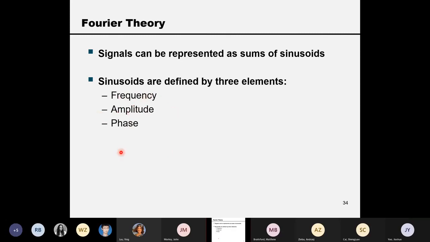This gives us the so-called frequency spectrum. What does frequency spectrum mean? You have one axis called frequency, and another axis is amplitude. We call it the amplitude spectrum. But if one axis is frequency and the other axis is phase, we call it the phase spectrum.